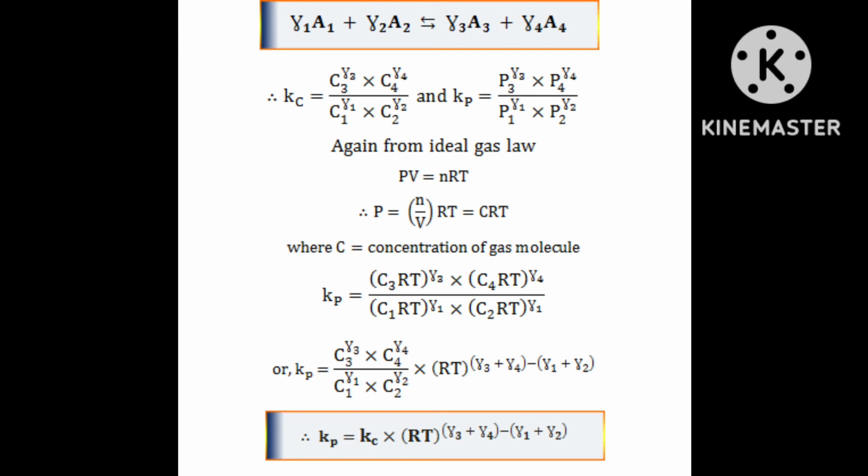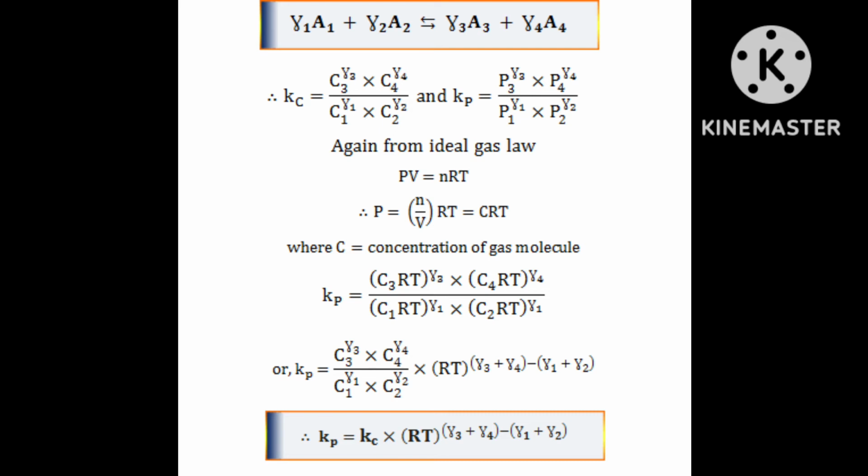Okay. Then now this point I told you, but here Kp is equal to Kc I told you, but I am telling this: always Kp is not equal to Kc, because the number of moles of reactants will not always be equal to the number of moles of products. Both will differ.